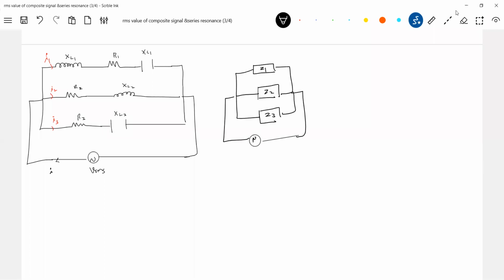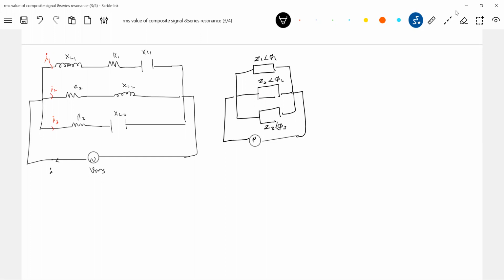Yes, actually this is Z1, it will have a phase angle, how much? I'll write it nearby. Z1 phase angle phi 1. This will be Z2, phase angle phi 2. This will be Z3. These are the phase angles.